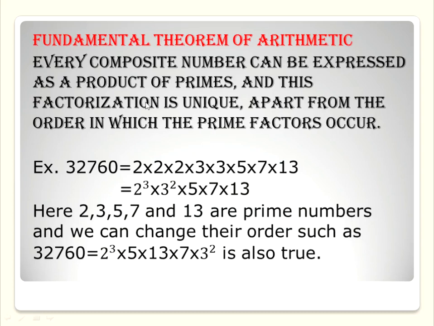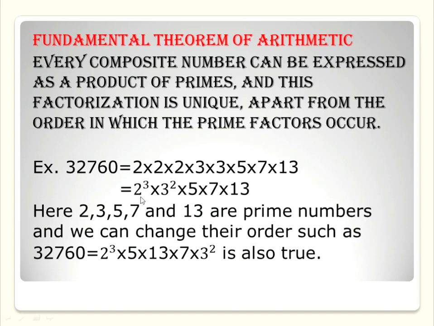Now let us discuss fundamental theorem of arithmetic. It states that every composite number can be expressed as a product of primes, and this factorization is unique, apart from the order in which the prime factors occur. Let us take an example to understand this. We factorize 32,760, we get this.